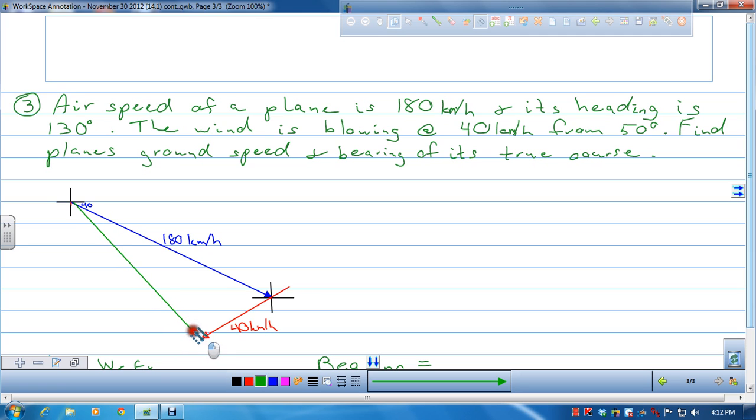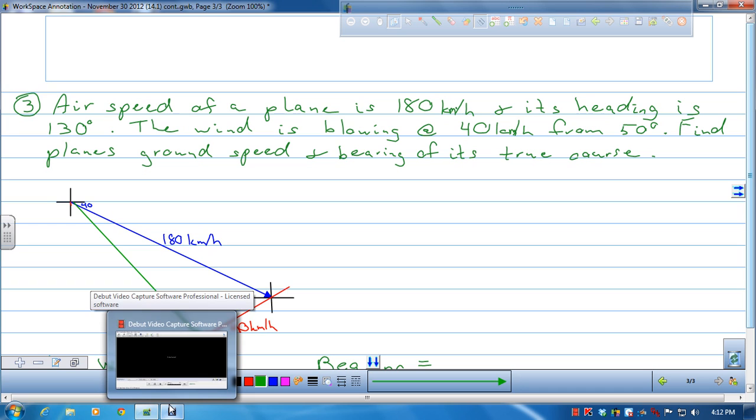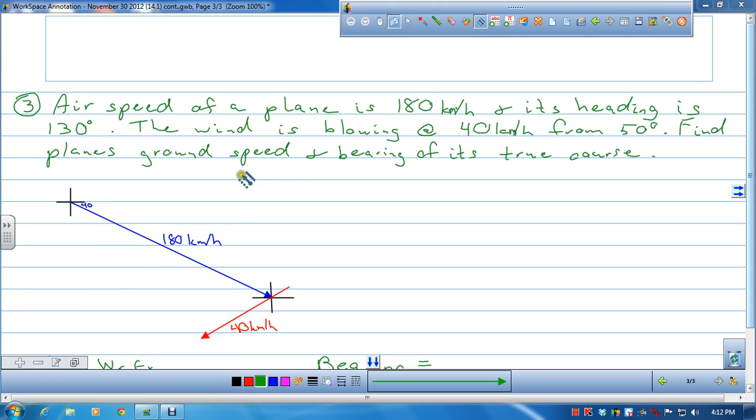It would start there and end there. That's what its path would look like from the ground. Let me do that a little bit better. Bear with me here. Alright, there we go. Now we look good. And this is our ground speed, we're going to call it.